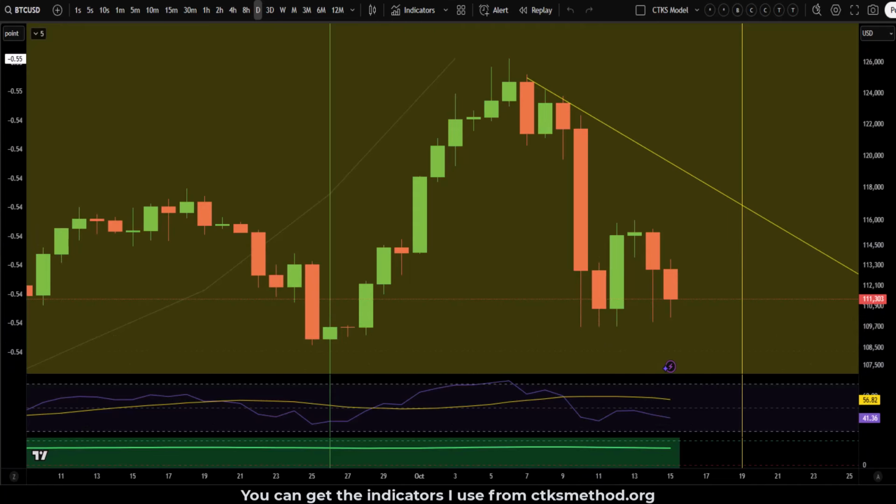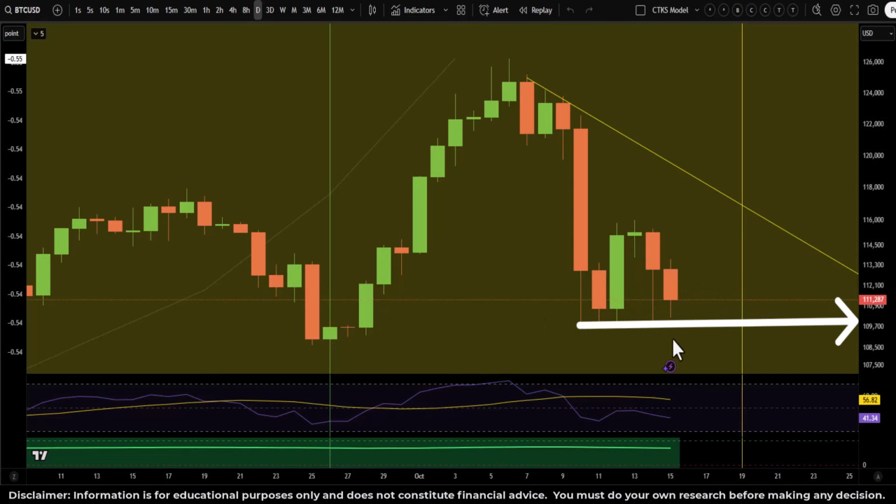So how it would work, if people were retail, they would say, oh, this 109, let's call it 700. This 109,700 is the level. There's so much support there because it came down, got bought up, came down, got bought up, came down, rallied, came back, retested, came down. There must be a huge amount of buyers at 109,700.